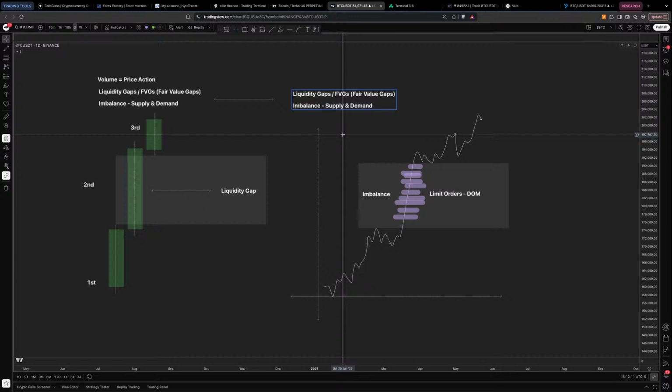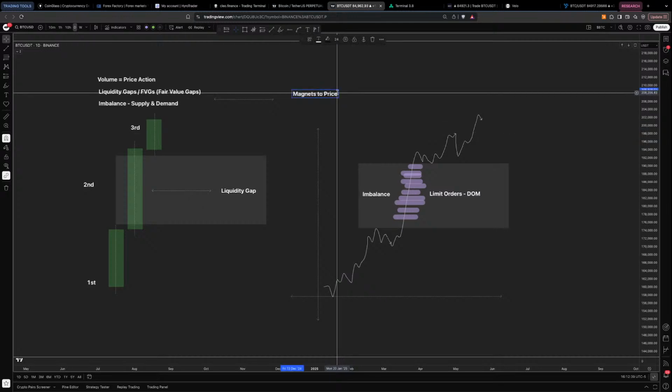That's why I don't like the fair value gap terminology, because that means that price will eventually come to that place because it's price's fair value, which it is not. You can tell me that there's a gap on Bitcoin at $1.50. Does that mean that Bitcoin is going to go to $1.50 and fill that gap because that's the actual fair value of Bitcoin? No, it's not.